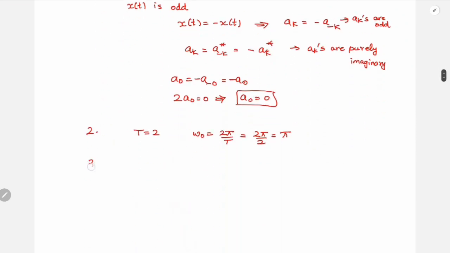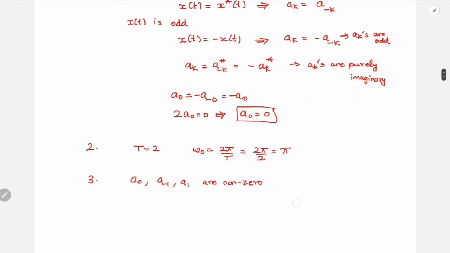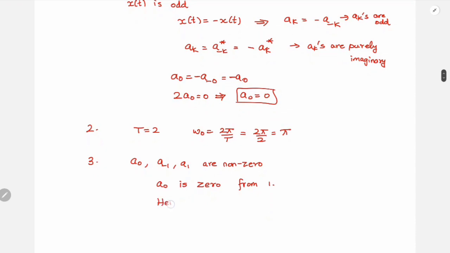So there are only three coefficients, a0, a minus 1, a1, that can be non-zero. But we already got that a0 is 0 because ak is odd. So a0 is 0 from the first condition, hence only a minus 1 and a1 are non-zero.